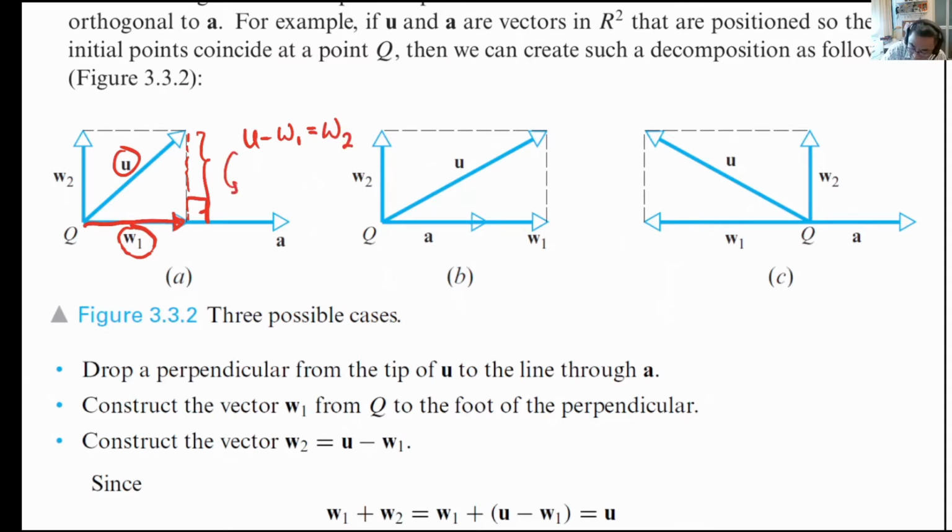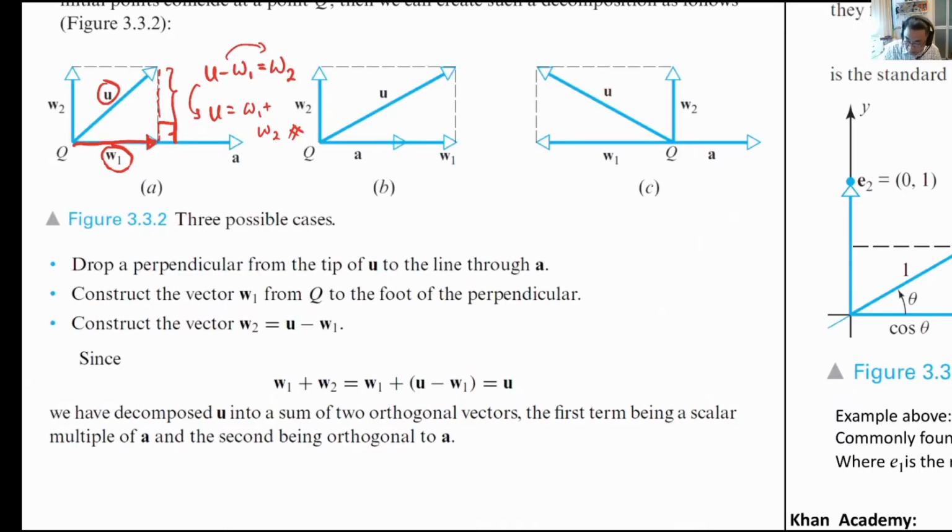And simply, u equals, if we move W1 to the right hand side, W1 plus W2. In other words, we have managed to decompose u into two vectors. And these two vectors, W1 and W2, are orthogonal to each other.